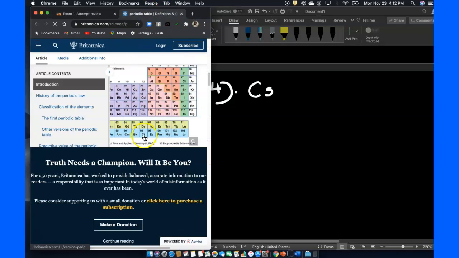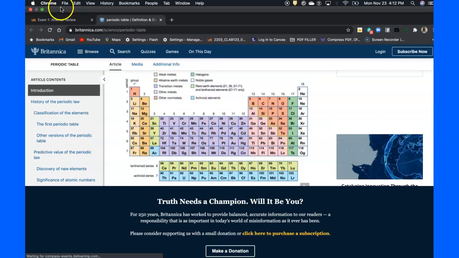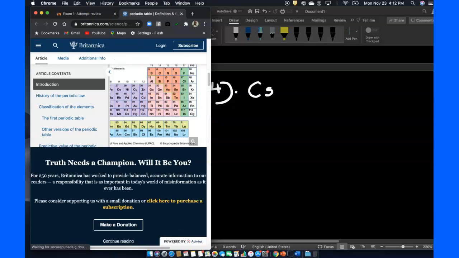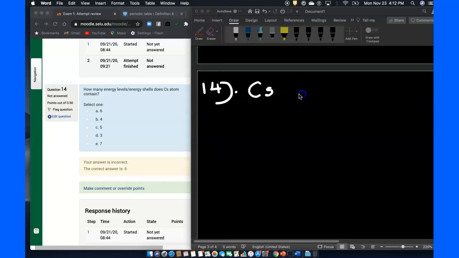You see it's right here, in the 6th period. That goes with the number of shells it should have, like six circles across outside the nucleus. So the answer here is 6.